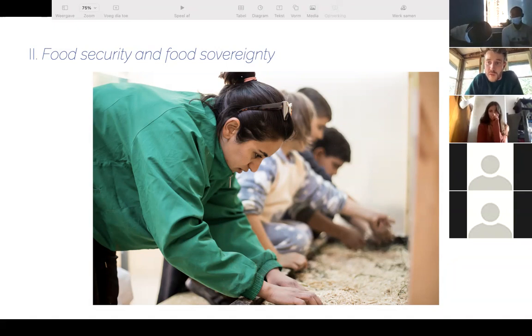Even on a tiny scale, it will already help people to grow their own food and thus save money from spending on food, which they then can spend on broader healthcare, on education, on a better diet, on products that they previously potentially couldn't afford. So there's a sense of food security and then also a sense of food sovereignty.